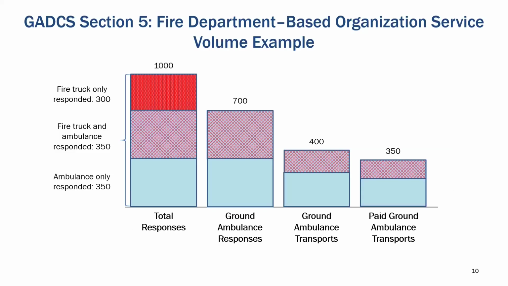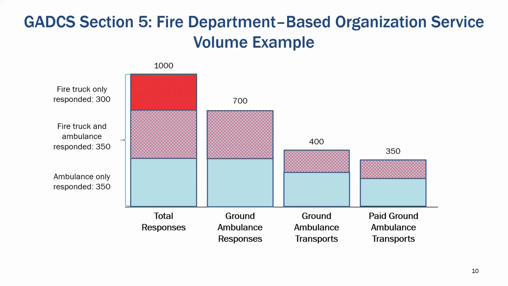Moving on to the next slide, we give an example of how a hypothetical fire department-based organization might respond to questions in Section 5. Please keep in mind that this and all other examples we present today are for illustrative purposes only and do not reflect any actual ground ambulance organization.